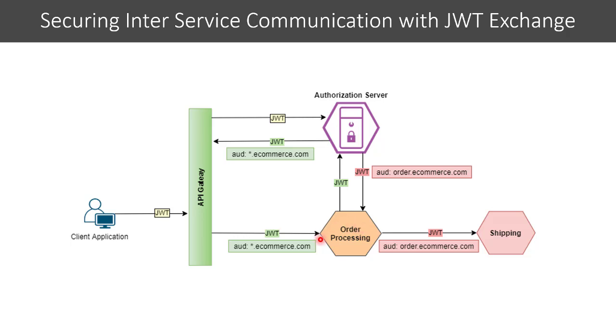The order processing service will exchange the JWT with the authorization server and get a new JWT with all the values from the JWT and with the audience changed to order.ecommerce.com, so that when the shipping service receives a token from the order service, it knows that it is coming from the order service.